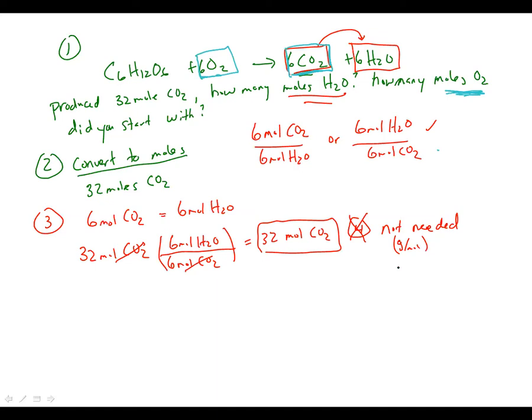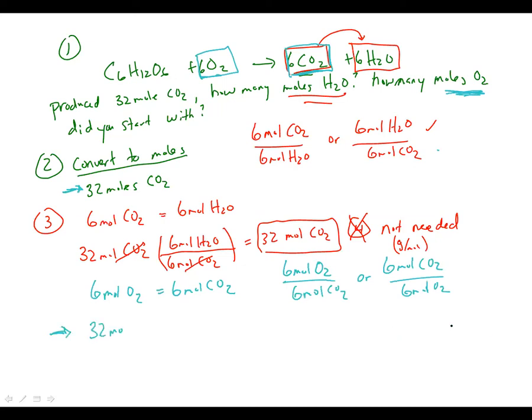And from that relationship, we see for every 6 moles of O2, we get 6 moles of CO2, which will give us 2 conversion factors as well: 6 moles of O2 over 6 moles of CO2, or 6 moles of CO2 over 6 moles of O2. So again, we would start with what we were starting with, which was our 32 moles of CO2.